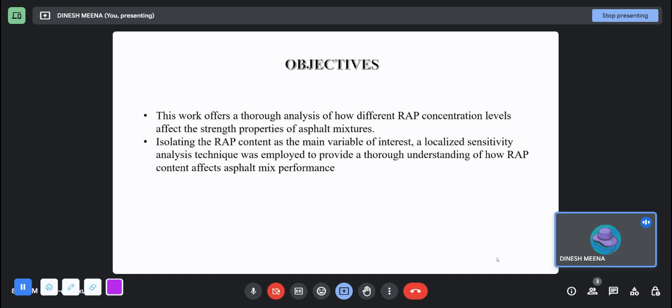This work offers a thorough analysis of how different recycled asphalt pavement concentration levels affect the strength properties of asphalt mixtures, isolating the recycled asphalt content as the main variable of interest. A localized sensitivity analysis technique was employed to provide a thorough understanding of how RAP content affects asphalt mix performance.